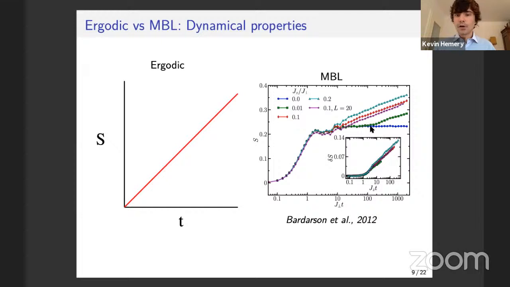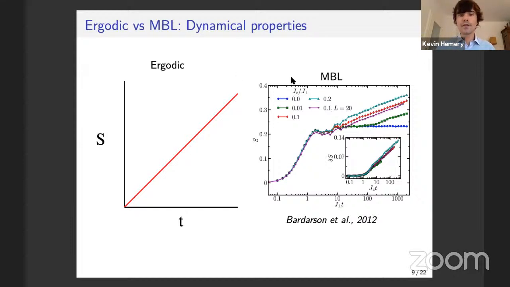Here, this blue curve is for the case where you don't have interaction. So it's an Anderson insulator, and you see that after some time, entanglement doesn't grow anymore. This is a marker of the difference between the interacting and non-interacting cases.